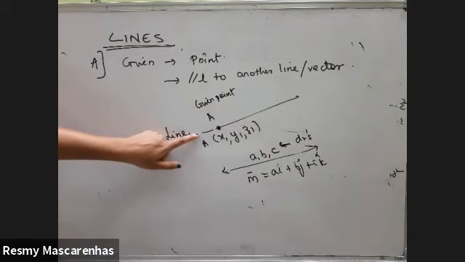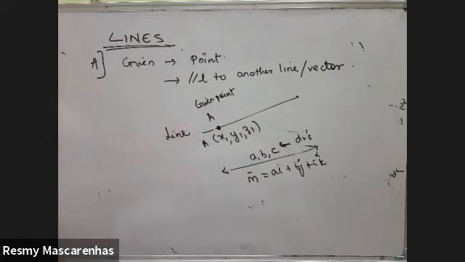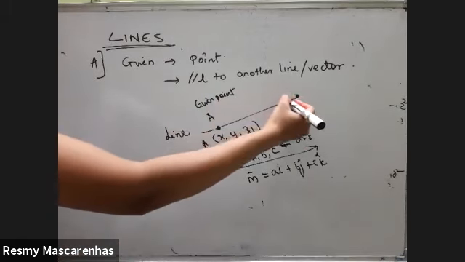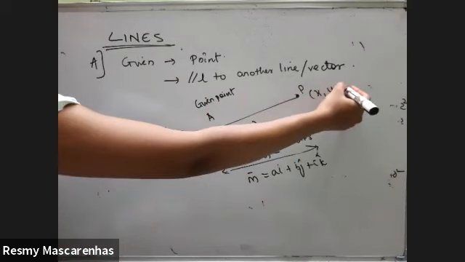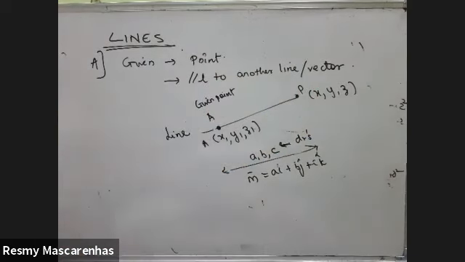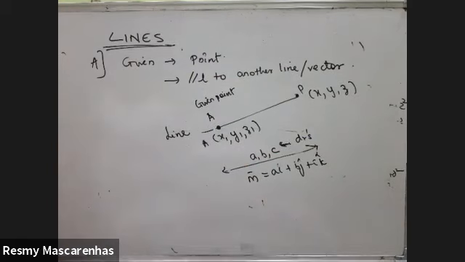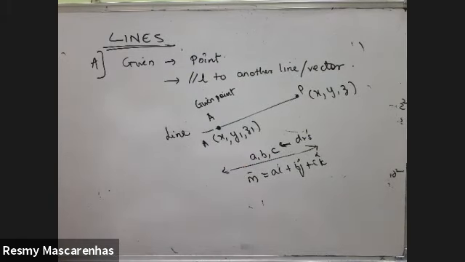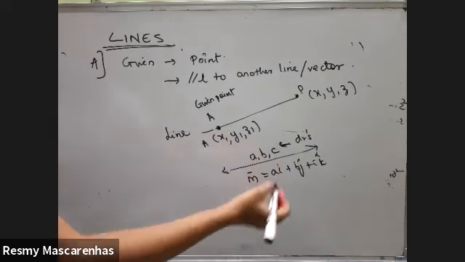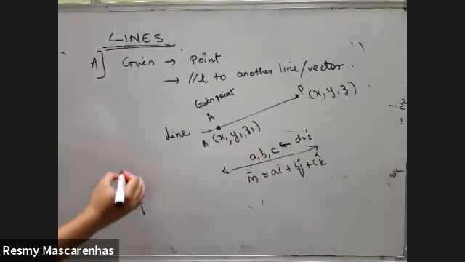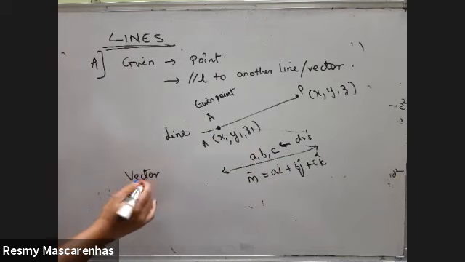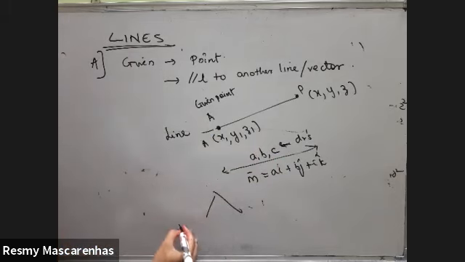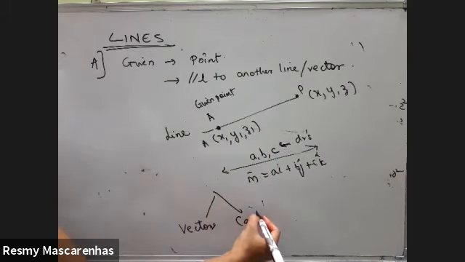Okay, now we want to find the equation of this line. So we just assume any point x comma y comma z on it, so that it will be x comma y comma z minus that. Now there are two ways you can write an equation: one is the vector equation and the other is the Cartesian equation.